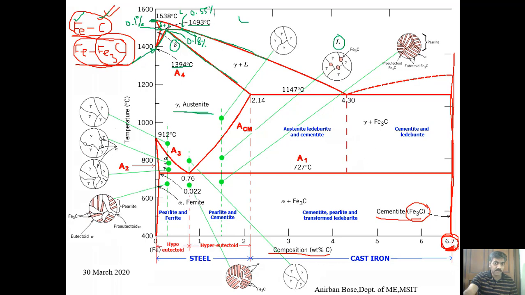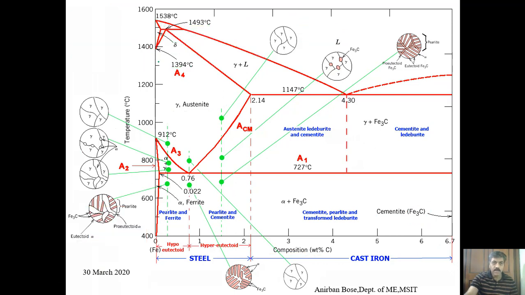Now if you see what is happening at this location, here it is delta plus liquid, and here it is the solid phase austenite.